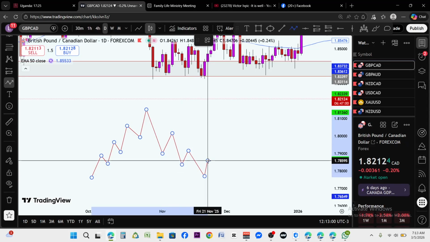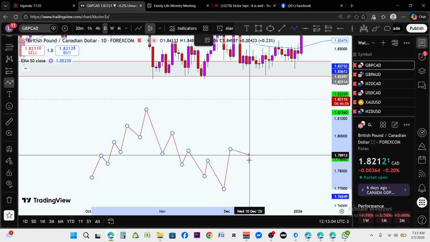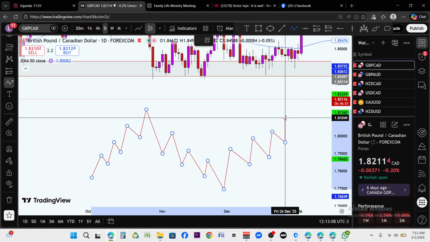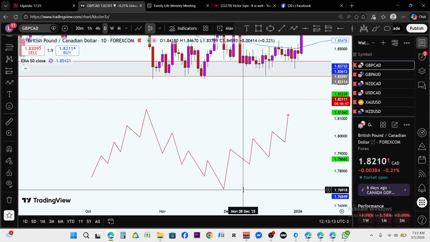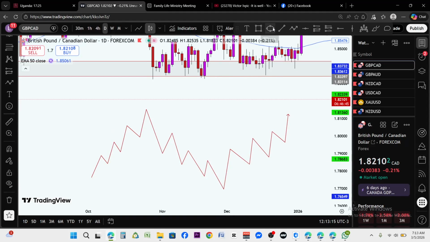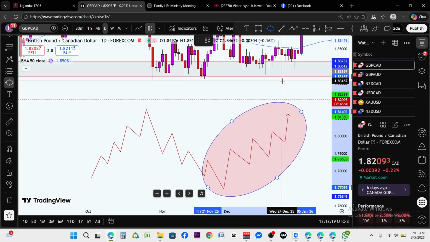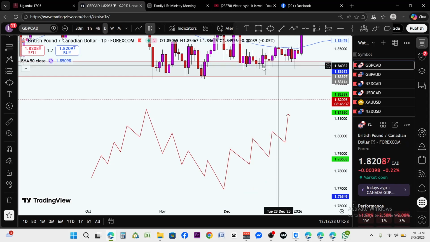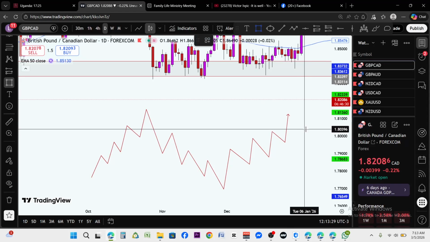Another shape of structure: higher highs, higher low, higher highs, higher low. The overall direction of this market is bullish, right? It's an uptrend market.